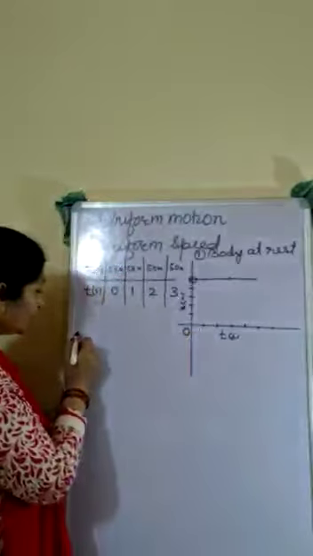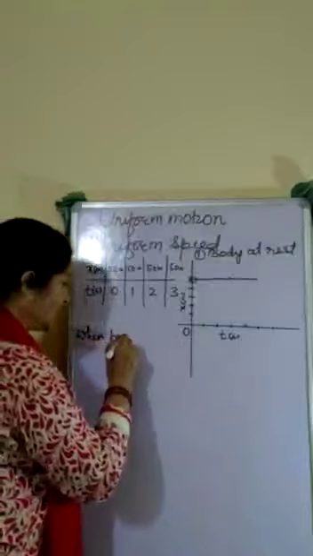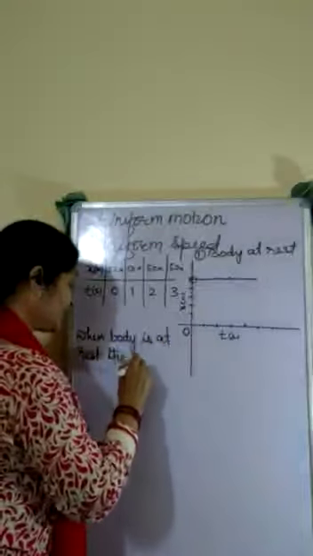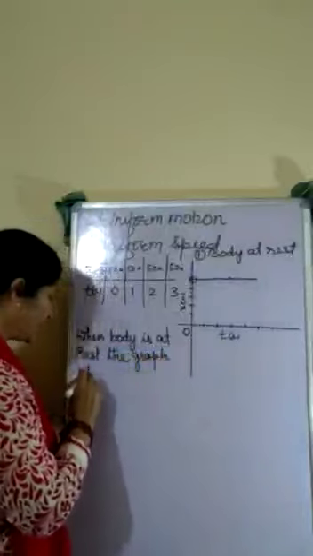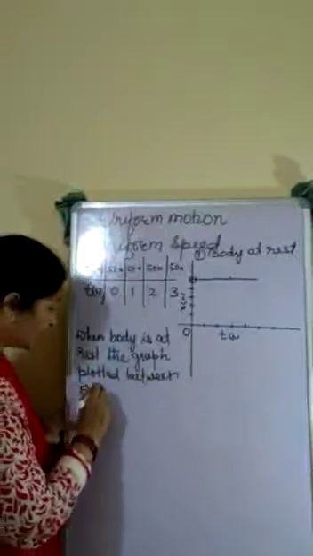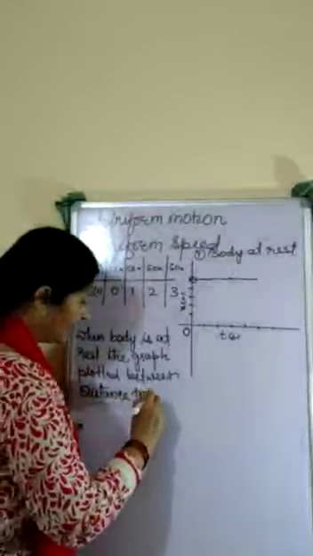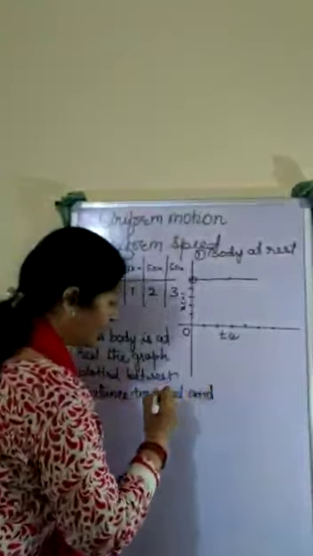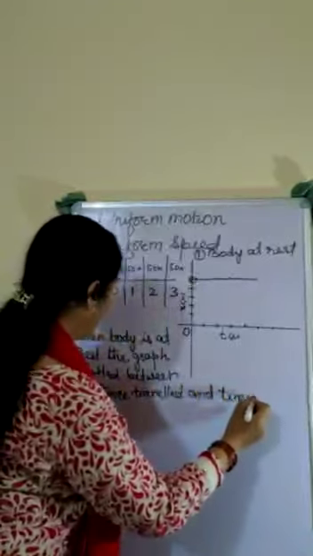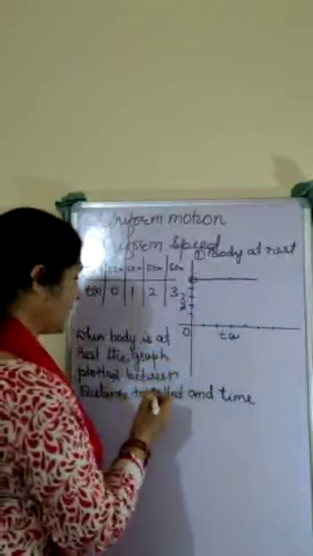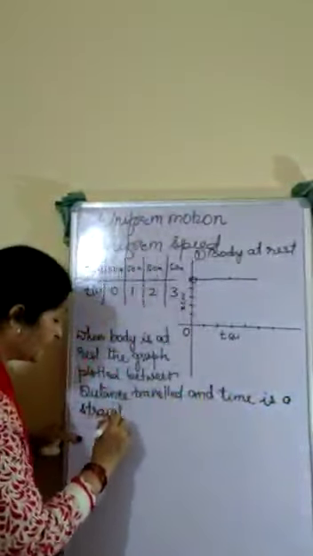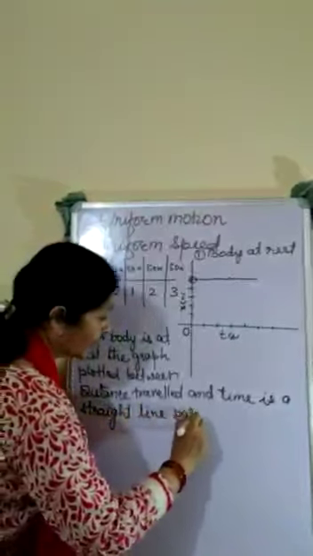Let us write it. When a body is at rest, the graph plotted between distance traveled and time is a straight line parallel to the time axis.